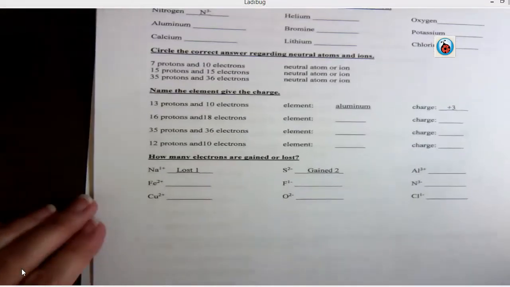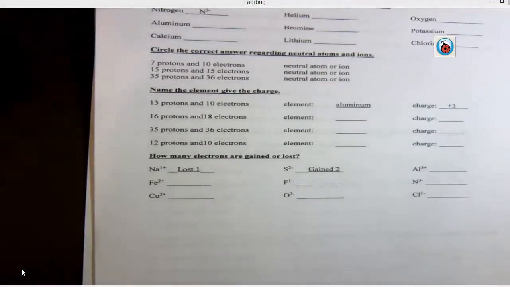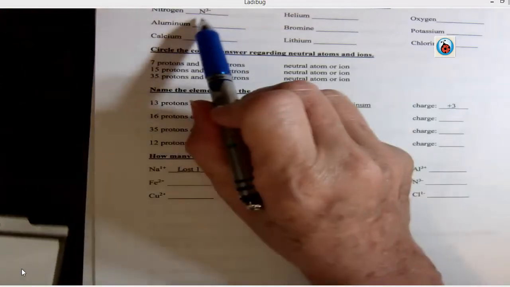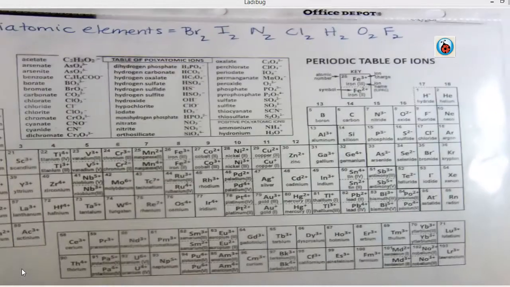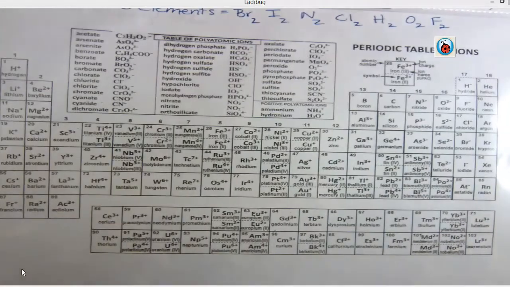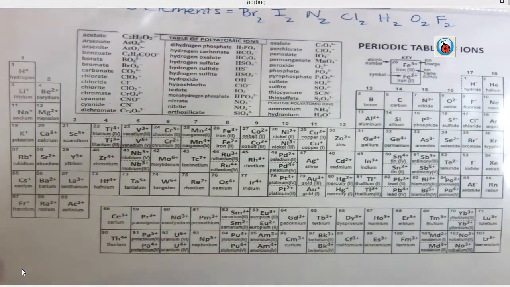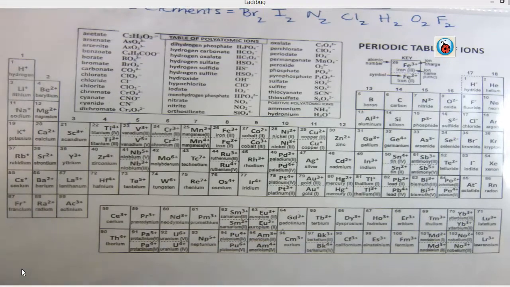Okay, on the next page, it says give the oxidation numbers for these elements using ion notation. And here we have nitrogen. Where did that come from? Well, all I have to do, because I am very nice and I gave you an ion chart that has these, is locate my element. An ion is an element that has either gained or lost electrons. That's why it has a charge on it.